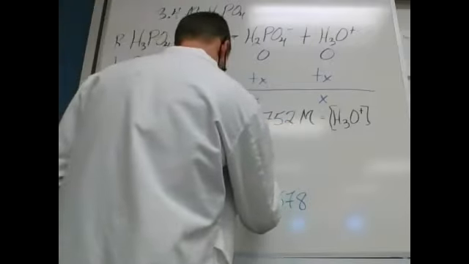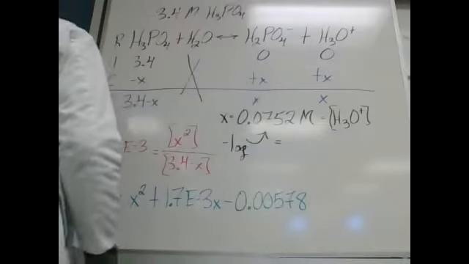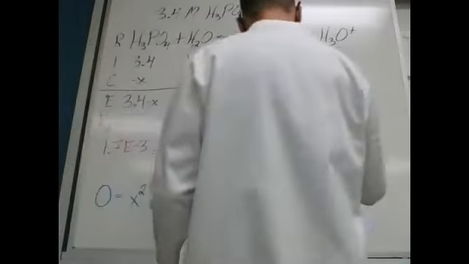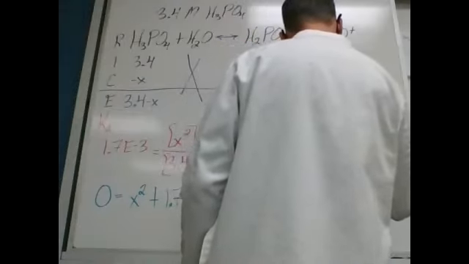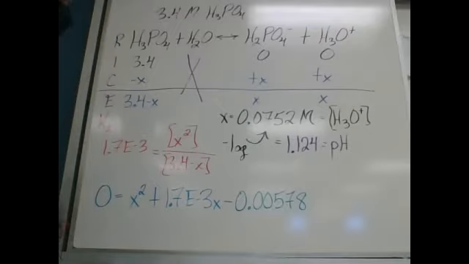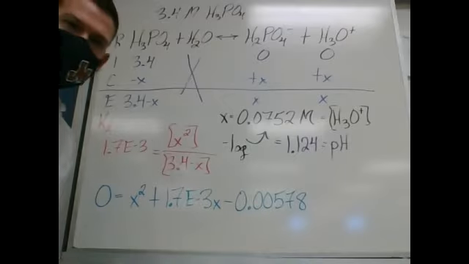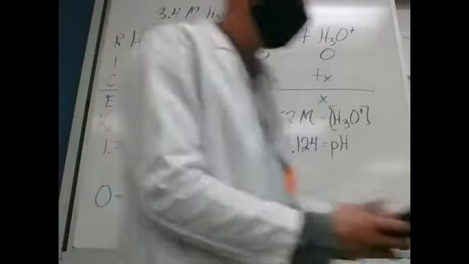So the negative log of this value is going to equal the pH. And that answers the first part of the question, but that's review from last unit, but you need to obviously always be able to do that. Is that okay? Well, let's keep reading then.